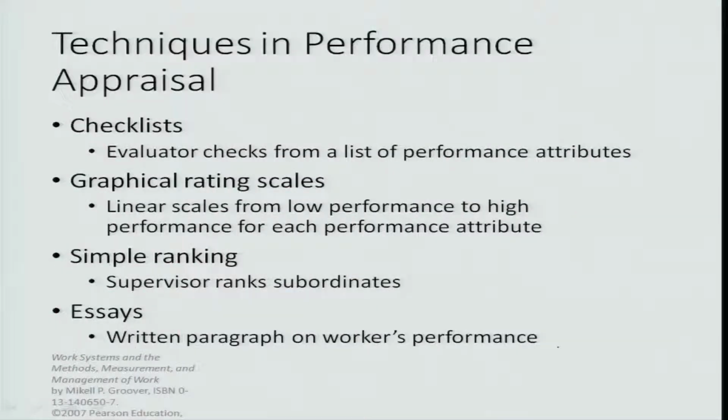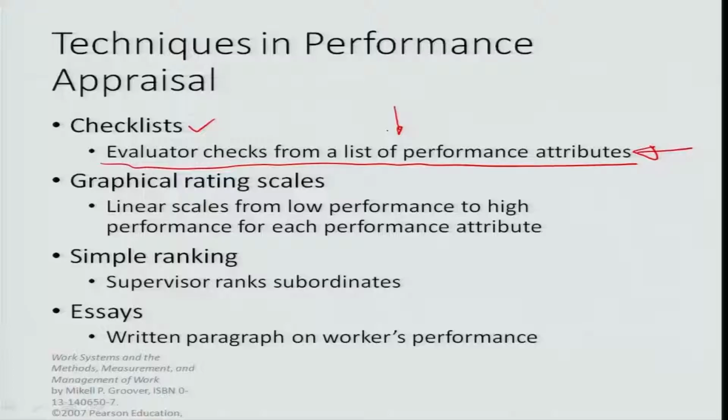If you look at some of the techniques associated with performance appraisal, there could be very objective checklists. This is a technique where an evaluator checks from a list of performance attributes whether the employee complies with some of these attributes. I will give an example just about one or two slides later.